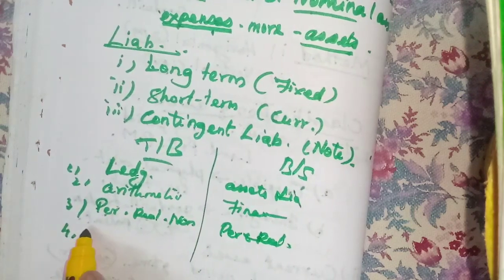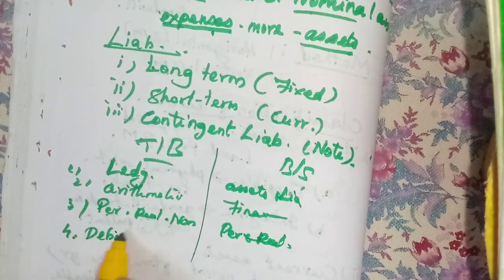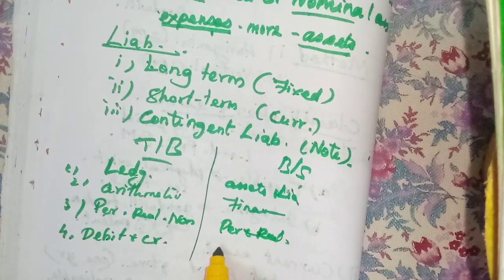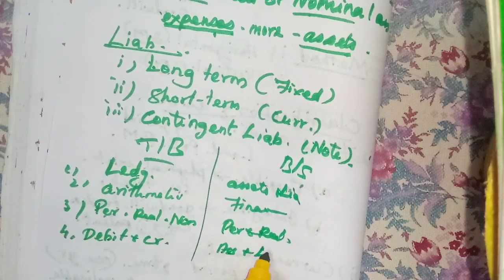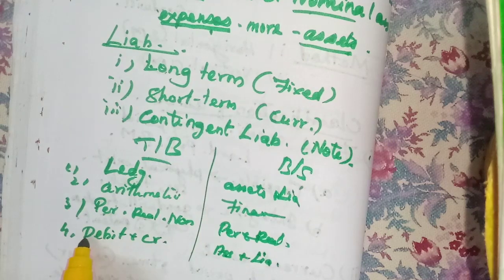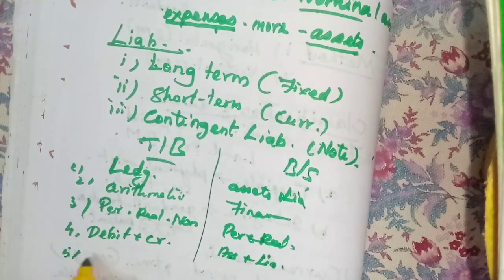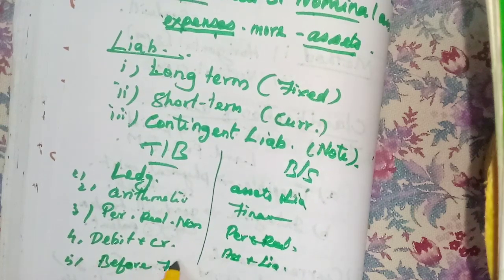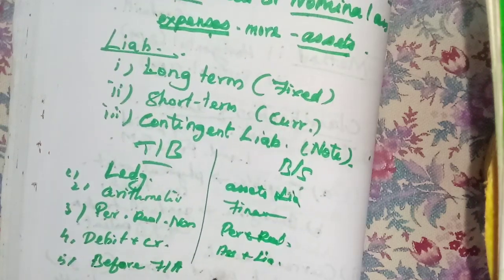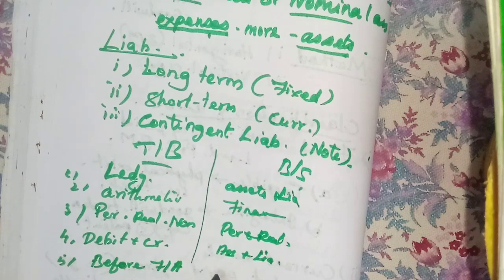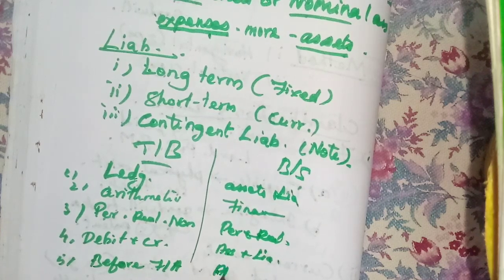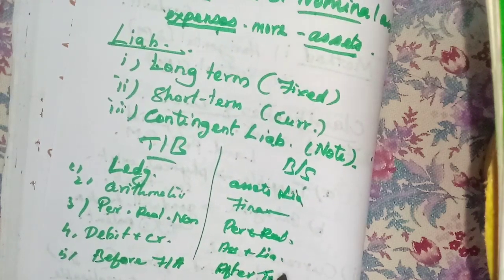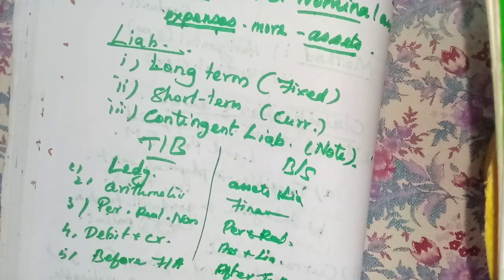In the trial balance we have two amount columns, debit and credit, but in the balance sheet we have two sides, assets and liabilities. The trial balance is prepared before the preparation of final accounts, but the balance sheet is prepared at the end of the final accounts, after the trading and profit and loss account.